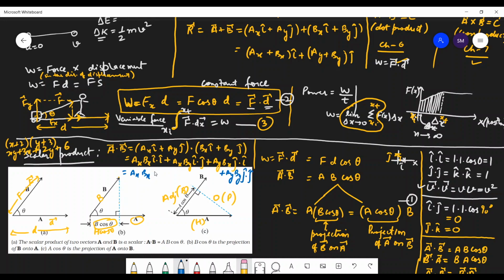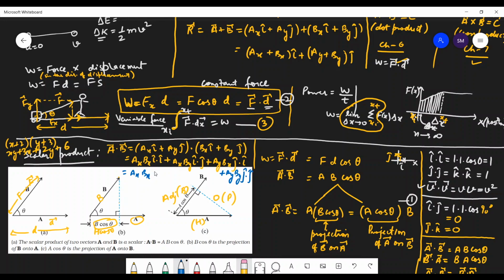So these are the two ways in which I can write a dot b, first way and second way. So students, see here how many variables you have. This is a.